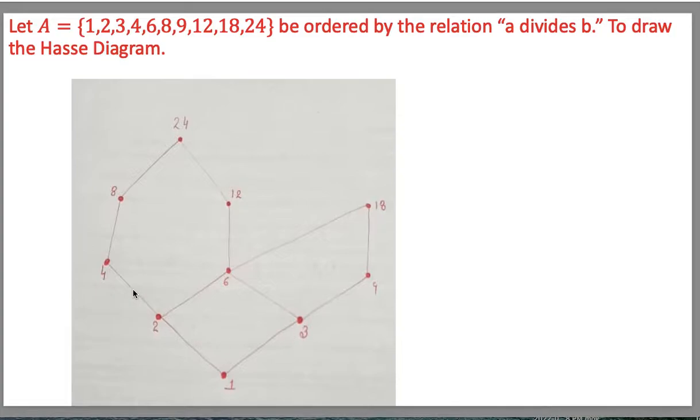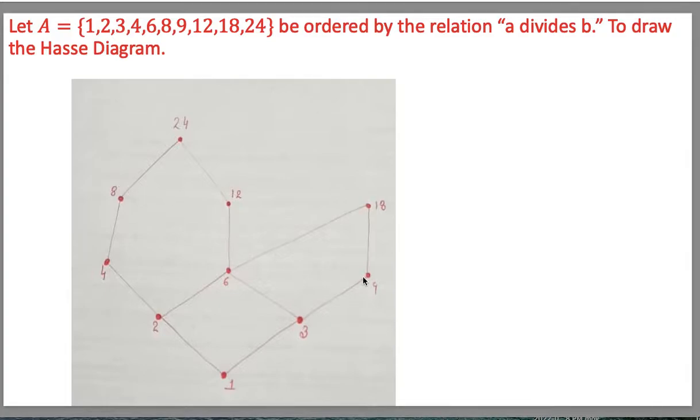Next element is 4, so it means 2 divides 4 but 3 does not divide 4, so I have written 4 here. Next element is 6, I have written 6 here because 2 divides 6 and 3 divides 6 but 4 does not divide 6. Next element is 8, so I have written 8 here because 4 divides 8, 6 does not divide 8.